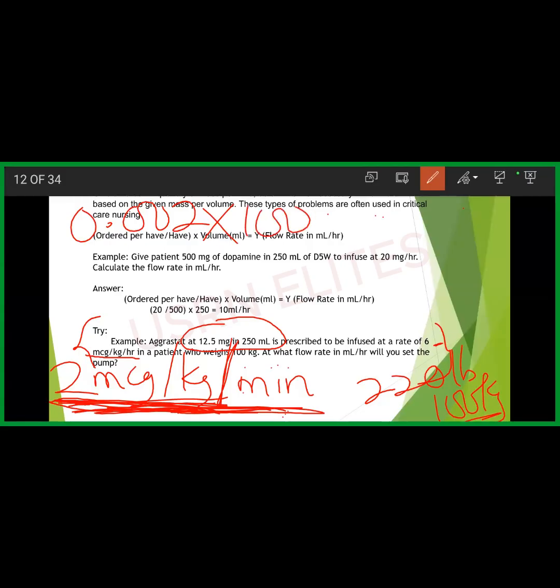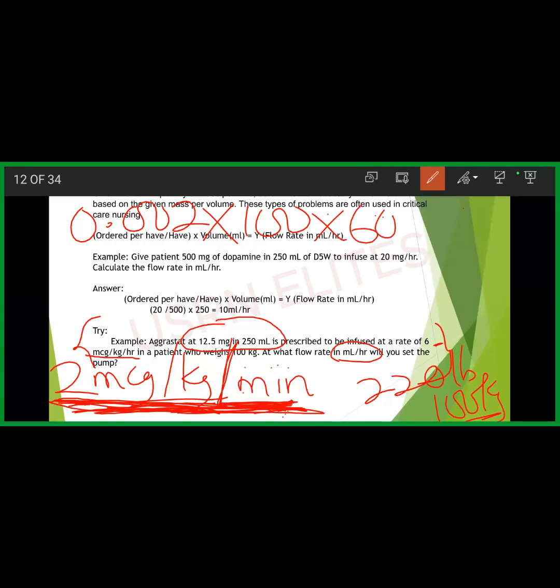If you just go ahead with this, you're going to get it in minutes. But the question is demanding the answer in mils per hour, not mils per minute. It means you have to make sure the prescription is also in hours, not minutes. So like I explained, you multiply by 60.